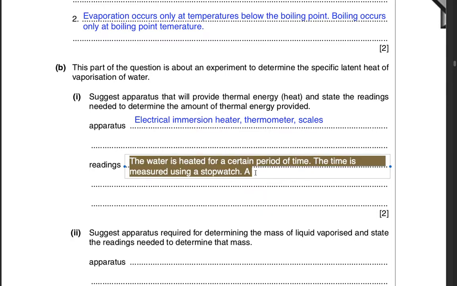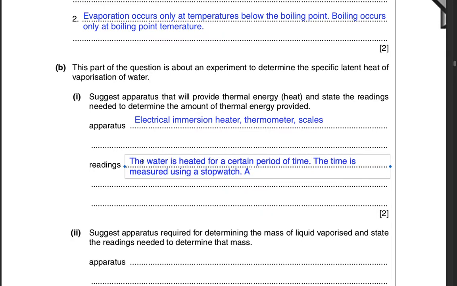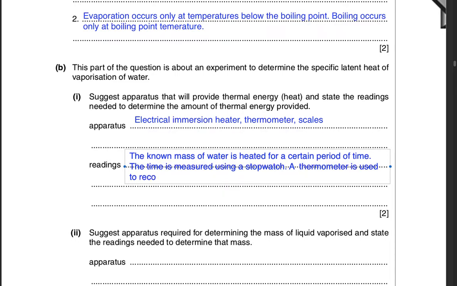A known mass of water is heated for a certain period of time. The time is measured using a stopwatch. A thermometer is used to record the change in temperature.